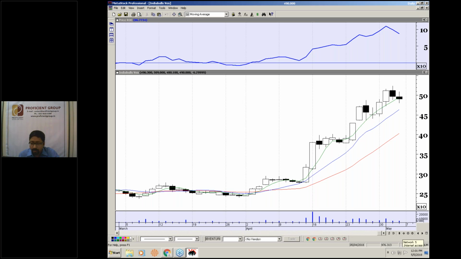You can use your own conception, own ideas of triple screen. You can add several more indicators or oscillators according to your own need. This particular exploration, I have used it many times in my own trading, and I have found it quite useful.